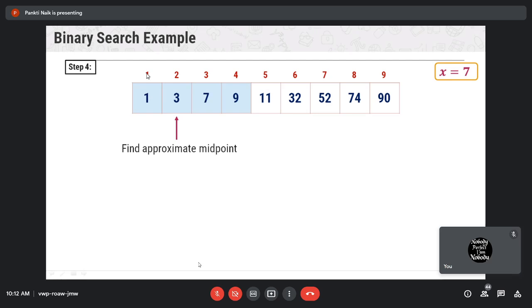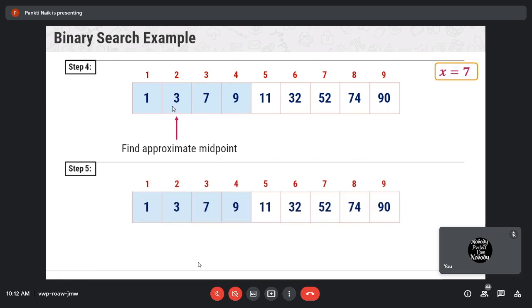Next, check whether your key value is equal to this midpoint value.